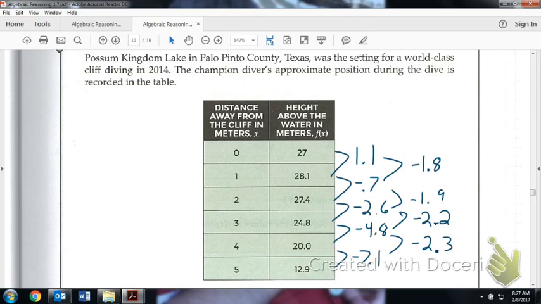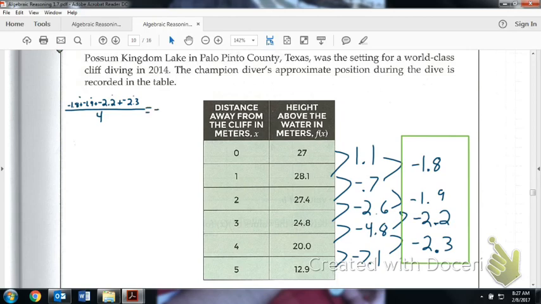Bell's over. Okay, so what we're going to do is average these up to find our average second difference. So write out negative 1.8 plus negative 1.9 plus negative 2.2 plus negative 2.3 and divide it by, well, there's 4 things, so divide it by 4.